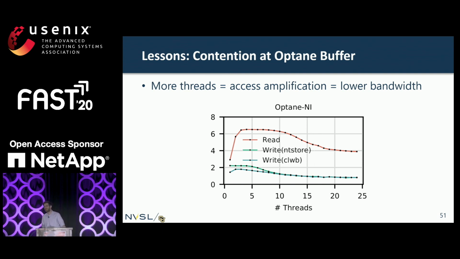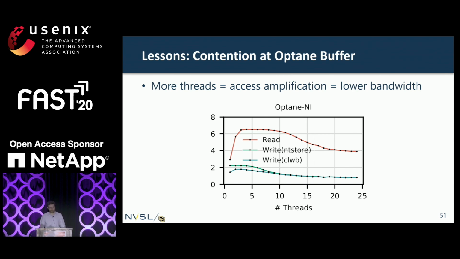If we have multiple threads accessing a single non-volatile memory DIMM, they basically thrash this on-device cache, which means that what would otherwise be a set of sequential accesses that could be merged from 64-byte cache lines into a larger 256-byte block no longer is the case, because all of the threads are putting their own writes into this cache, and we lose the opportunity to merge adjacent writes.